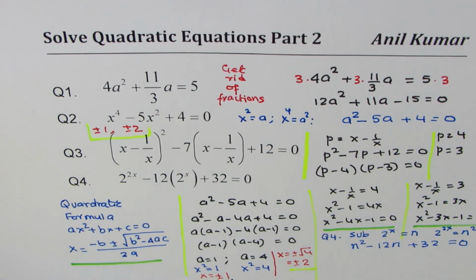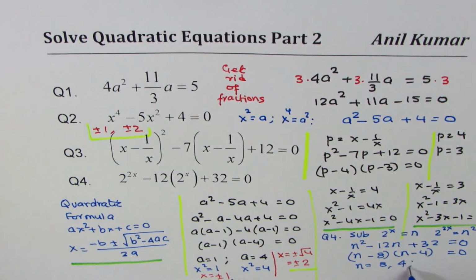For 32 you can find 8 times 4. So you can factor this, (n minus 8) times (n minus 4) equals to 0. So you have n equals to 8 and 4, and n is 2 to the power of x, right? And from here, 2 to the power of x is 8.